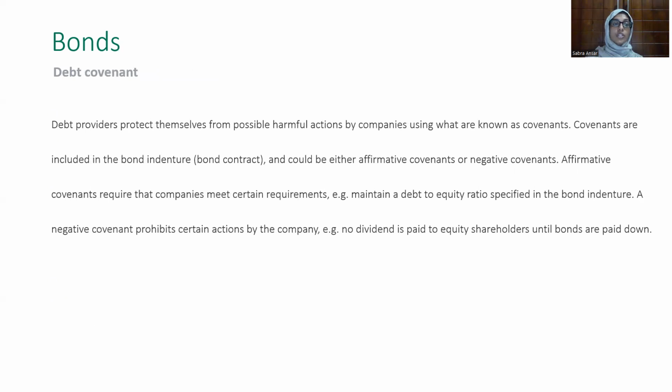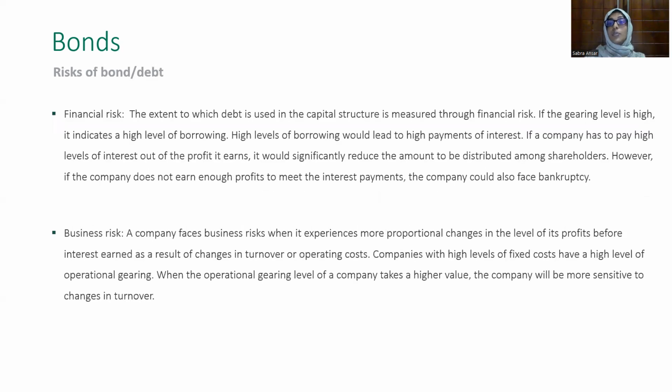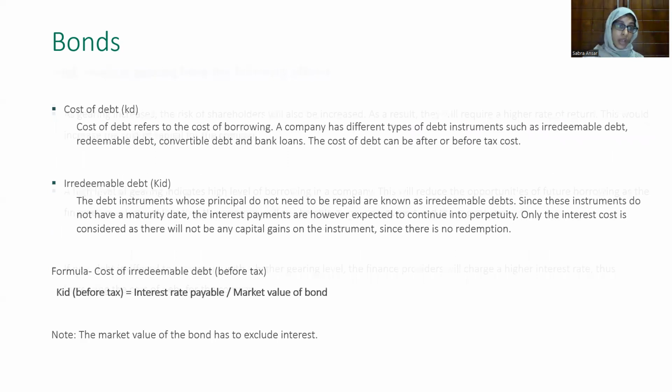Then we talked about what a debt covenant means, how it could be an affirmative covenant or a negative covenant. We spoke mainly about financial risk as well as business risk. And then we spoke about high levels of gearing and how it affects an organization.